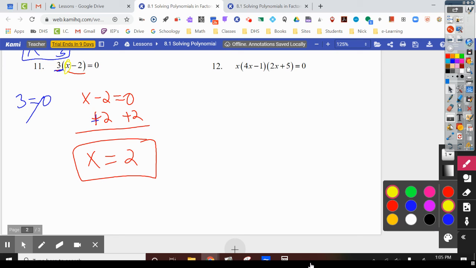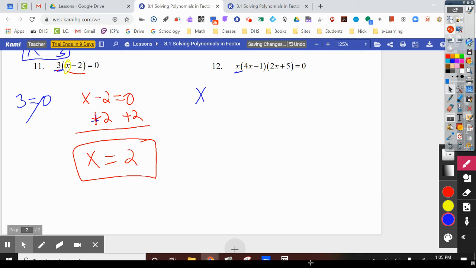All right, speaking of x's and solutions, look at number 12 here. We get x times 4x minus 1 times 2x plus 5 is equal to 0. So how many solutions do you think we're going to have here for number 12? That's right, you guessed it. We're going to have 3 different solutions here. So we're going to set this first polynomial equal to 0, so x is equal to 0.